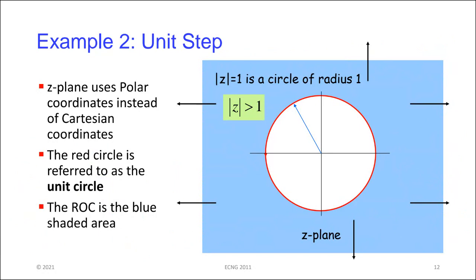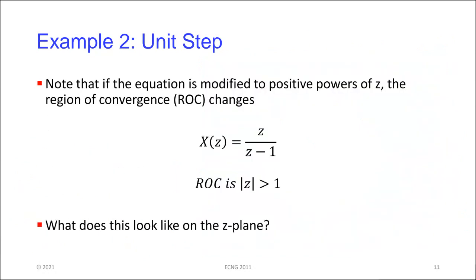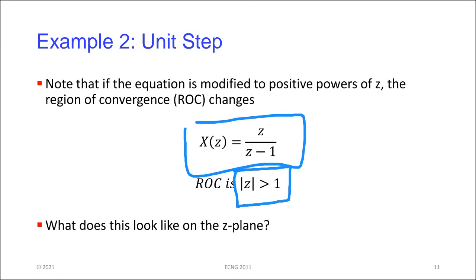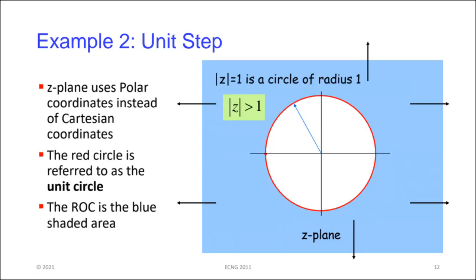So if I'm saying that the z transform, which is the positive index version of what we just did, has a region of convergence of mod z greater than 1, it means that if this is a circle of radius 1, it will converge outside.